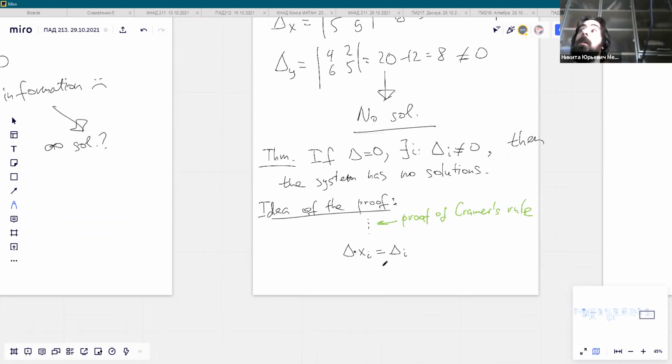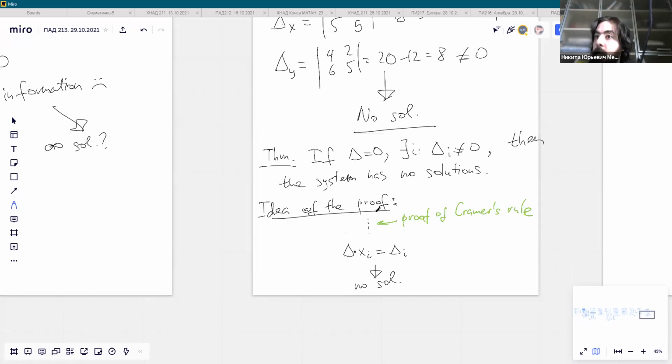That's how we obtain those famous Cramer's formulas. You first obtain those formulas and then you divide by delta. But if we are in the situation of this theorem, then 0 times x_i equals some non-zero number. That is impossible. So we can immediately conclude there are no solutions for our system.